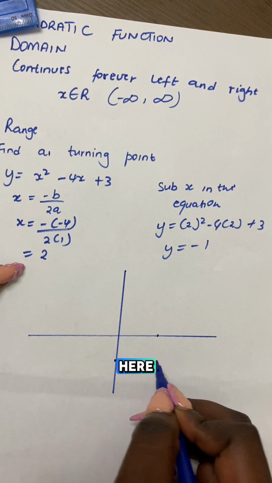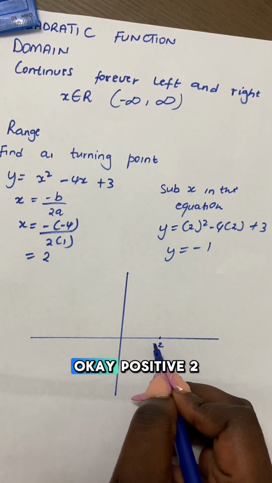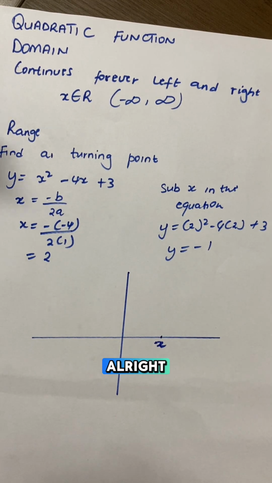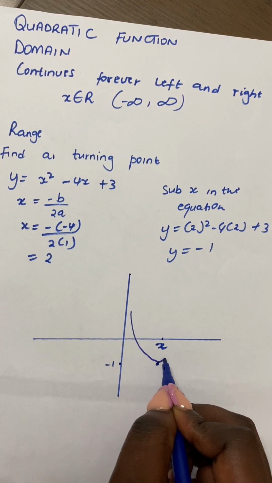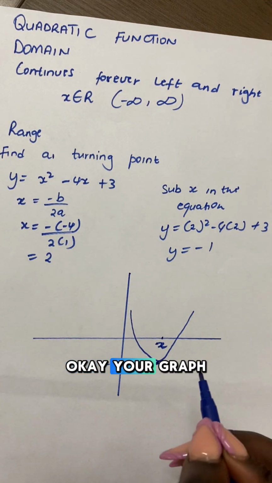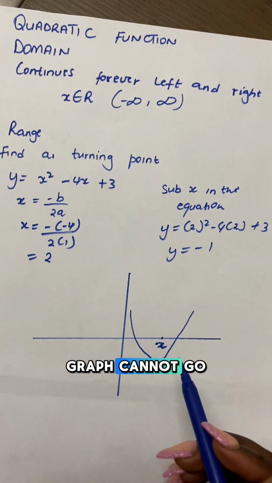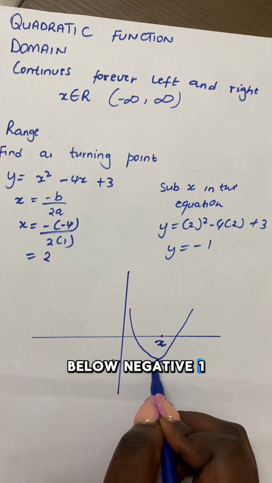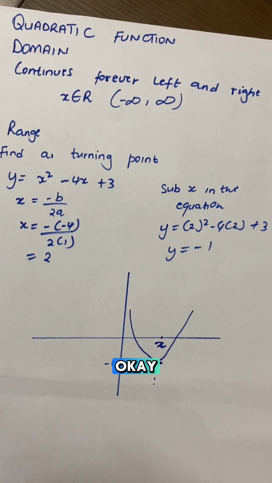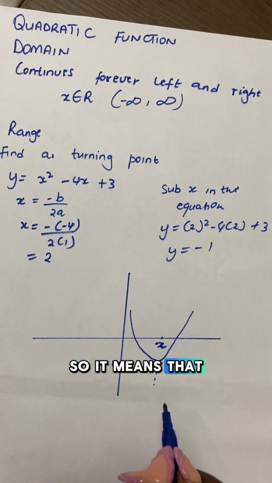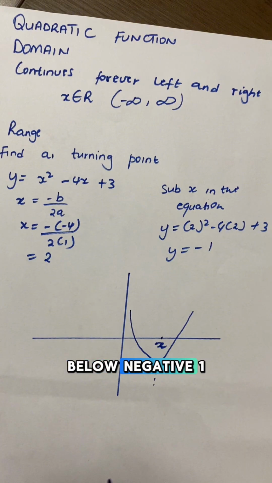They meet here. Your graph could be like this. What does it mean? It means that the graph cannot go below -1. It can be equal to -1 but cannot go below -1.